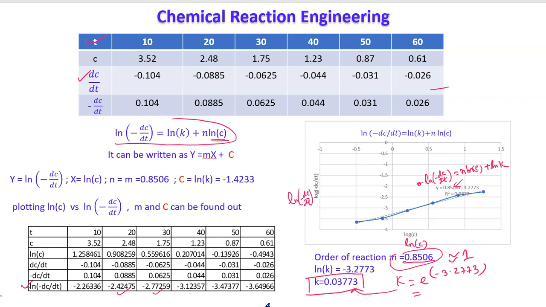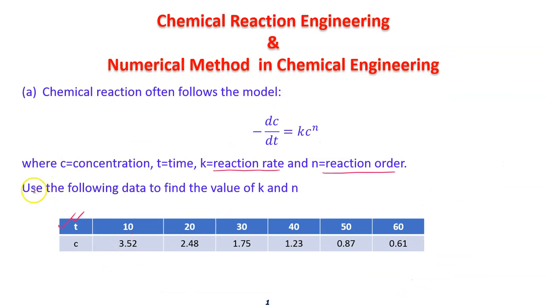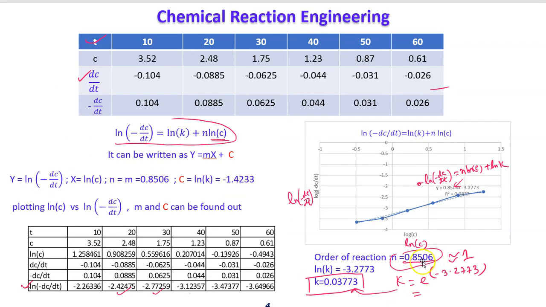So we got those two values. In the question they are asking to use the following data to find the values of k and n. So n is equal to 0.85 and k is equal to 0.03773. That's it. Thank you.